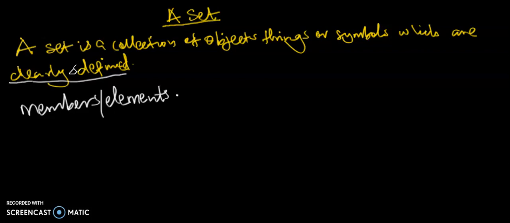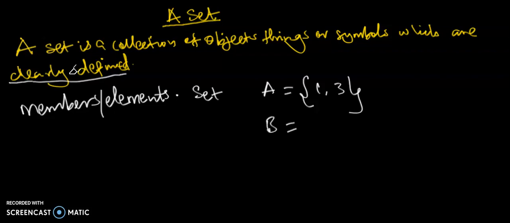In set theory, there are symbols that we need to recognize when we talk about sets. Let's take an example. We have set A, equal to {1, 3}. Maybe we have another set B equal to {2, 3, 9}.